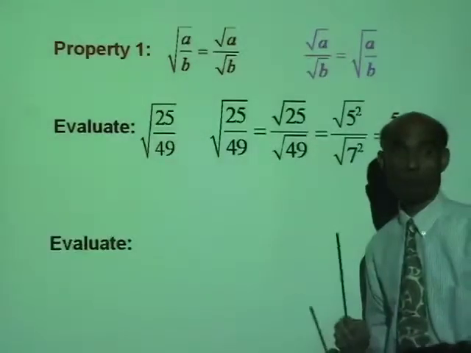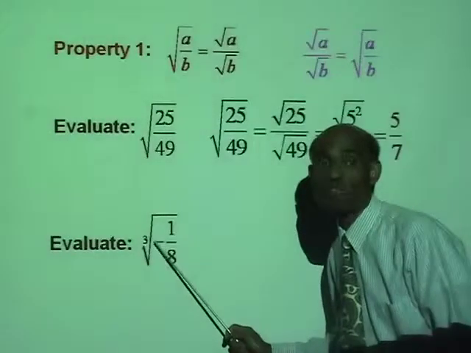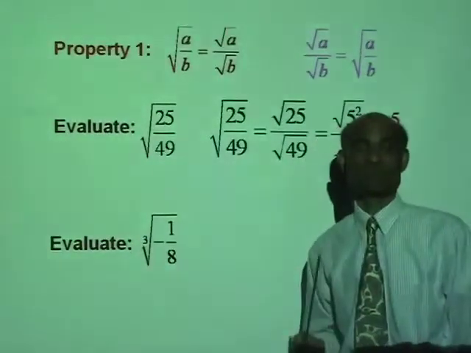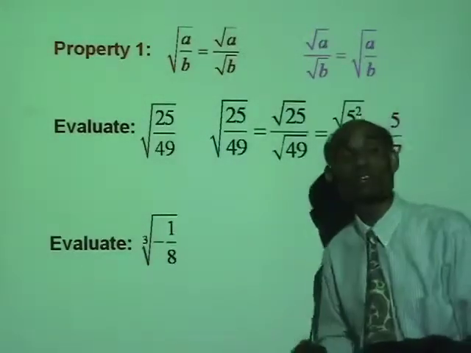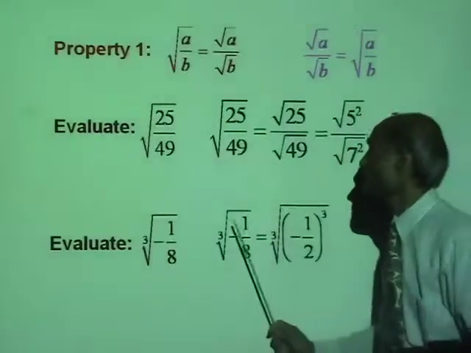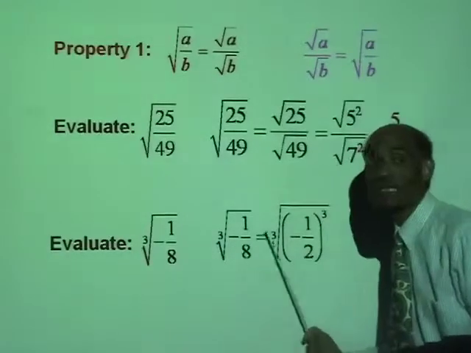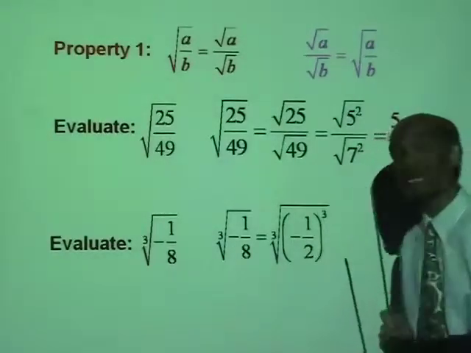Okay, another one. Find the value of cube root of negative 1 over 8. Well, there are a couple of ways you can do that. Let me first show you the one way I have done here. I can write negative 1 over 8 as negative 1/2 to the power of 3.